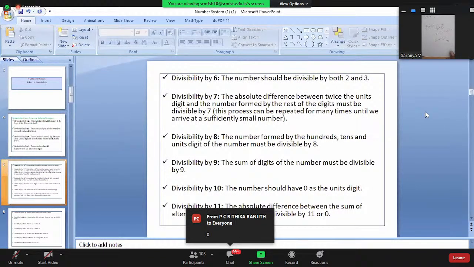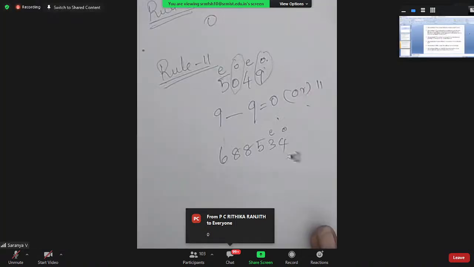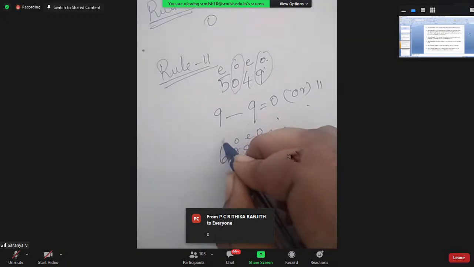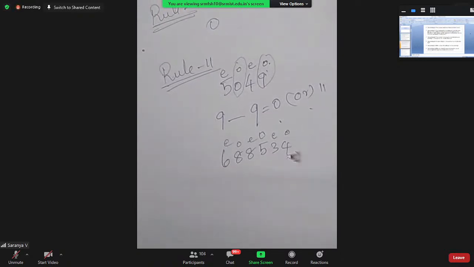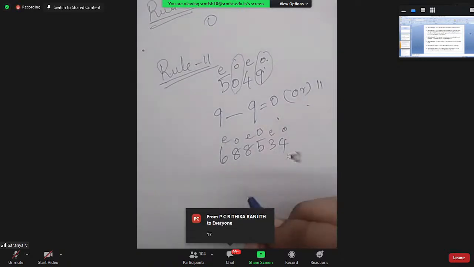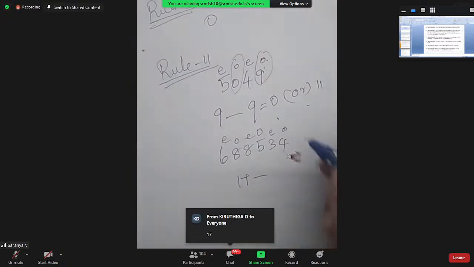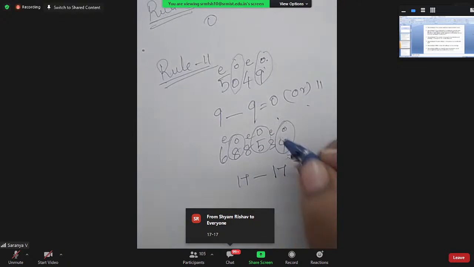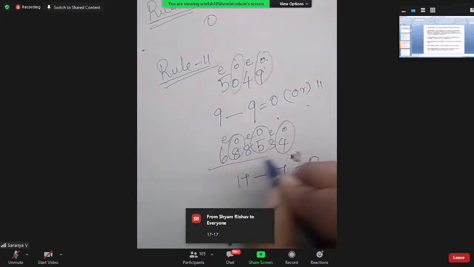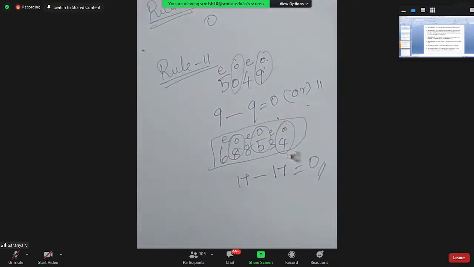Okay. 0. Odd, even, odd, even. What is the sum? 17. Yes, 17 minus 17. 17 is the sum of the numbers in the odd places, and 17 is the sum of the numbers in the even places, so the difference is 0. So we can say that the number will be divisible by 11.